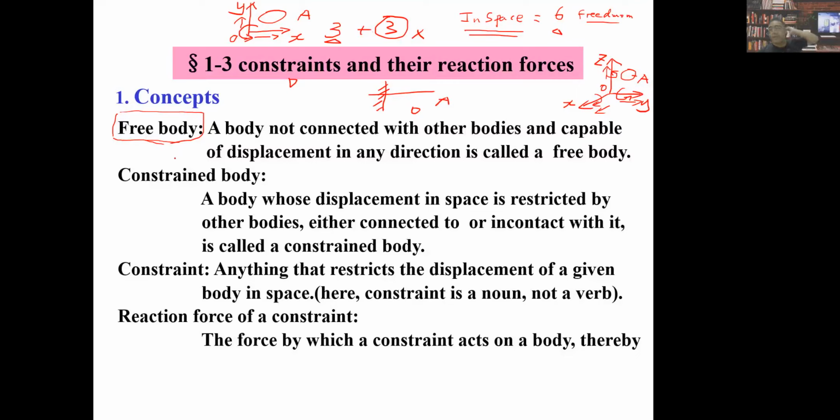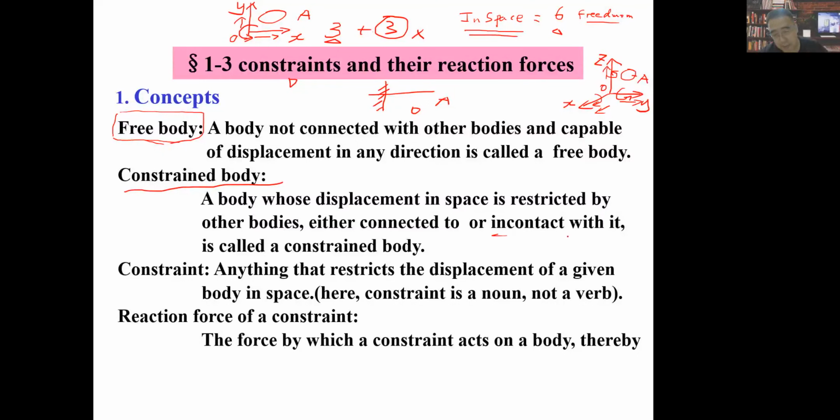When you understand what a free body is, then we can talk about a constrained body. So we compare a constrained body with a free body. A constrained body is a body whose displacement in space or in plane is restricted by other bodies, either connected to or unconnected with it.